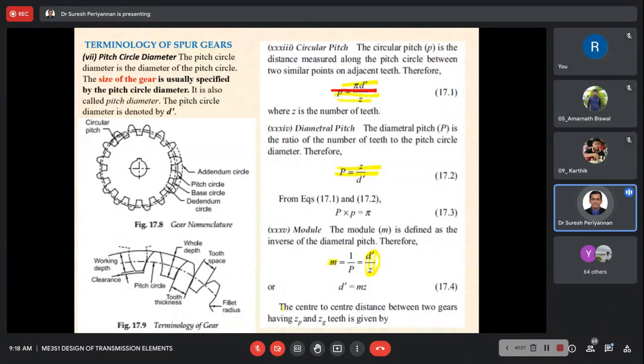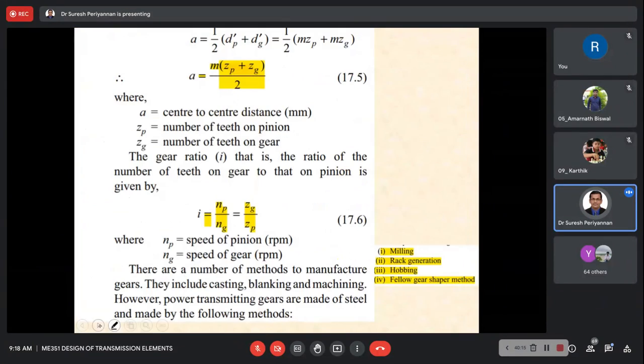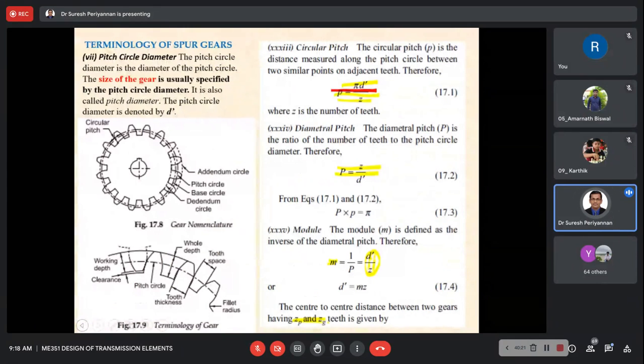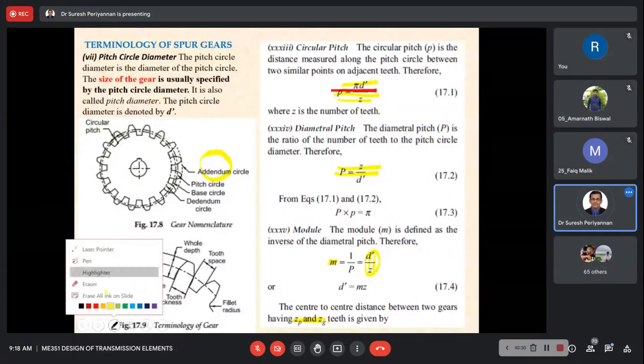Now, what is the center distance between the two gears? We are going to define it in terms of number of teeth, and even some of this information we already discussed. Now, see here. Another mating gear this side, another mating gear or pinion this side.